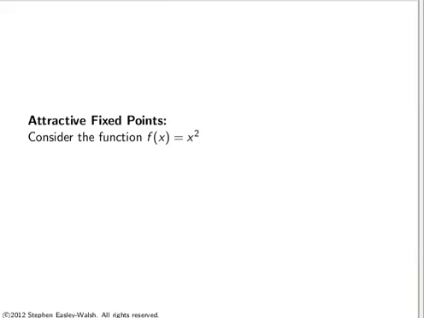Okay, so if I calculate f of 1, I'll get 1. So like we said, put in 1, it gives me back 1. And if I calculate f of 0, I'll get 0.